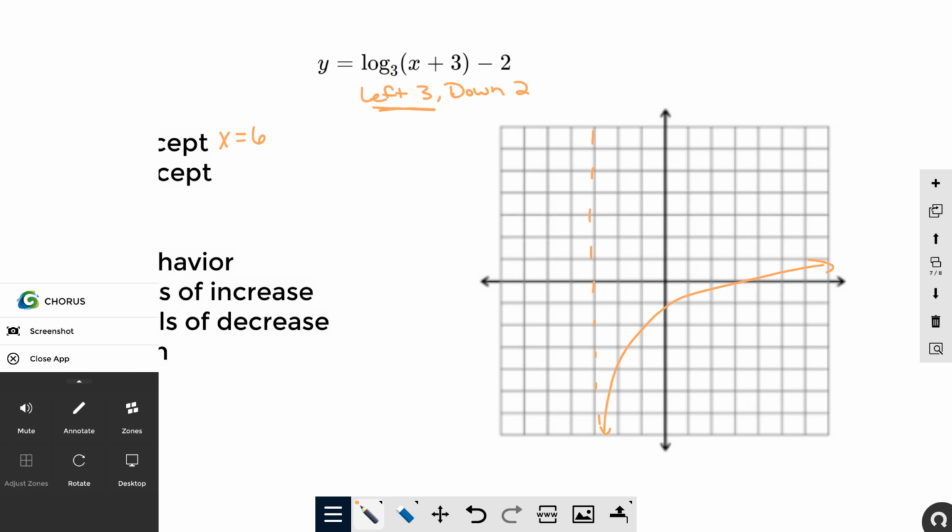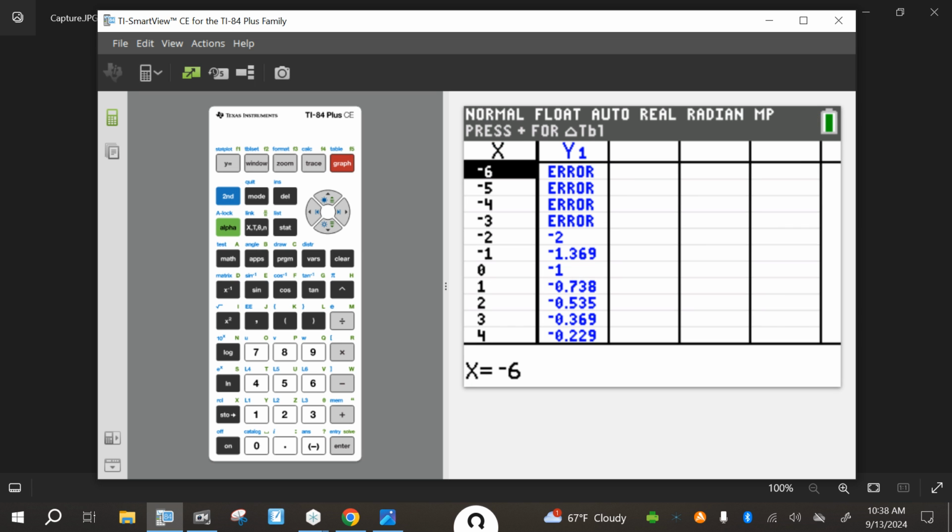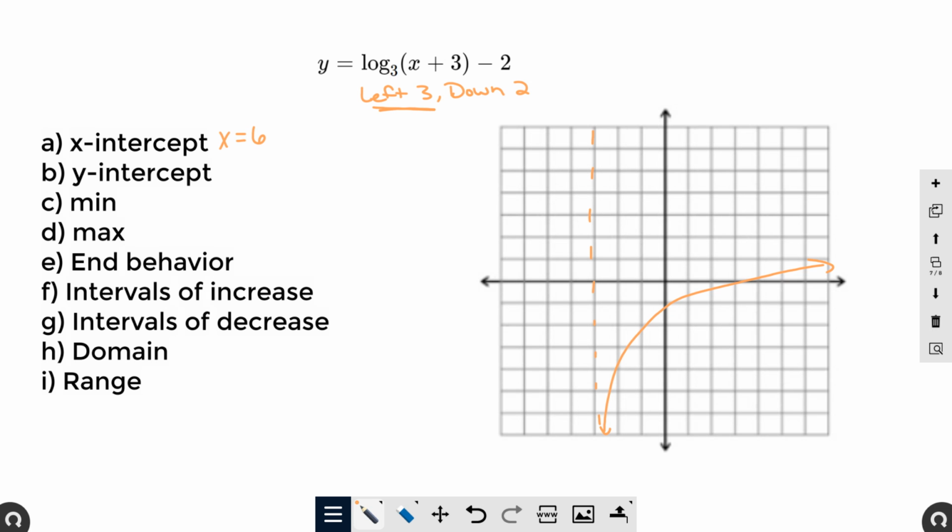Now, y-intercept, remember you can go back to your calculator and type in 0 for x, and the y value is -1. You could also look at your table: when x is 0, y is -1. What do we put for min and max on this graph?